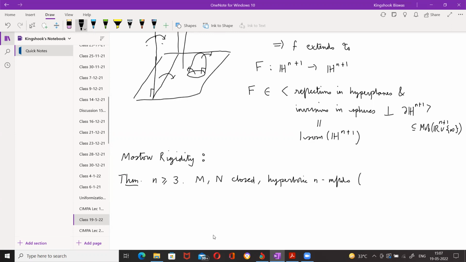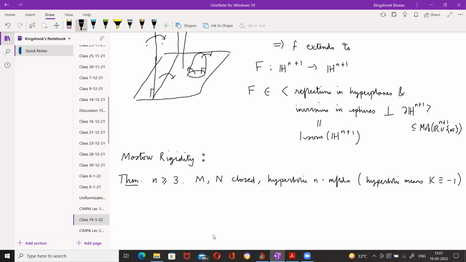So here hyperbolic means that sectional curvature K is constant equal to -1. Okay. All right. So these have constant negative curvature -1.